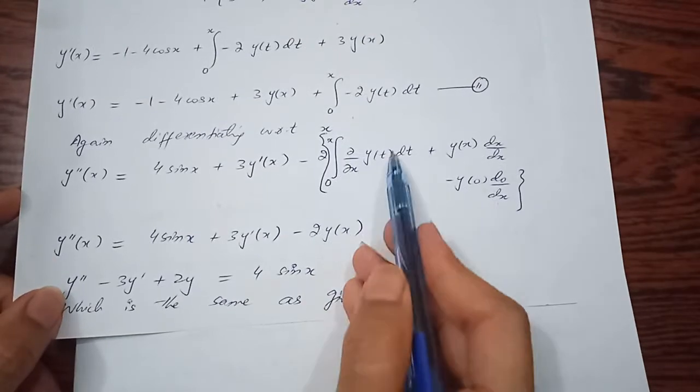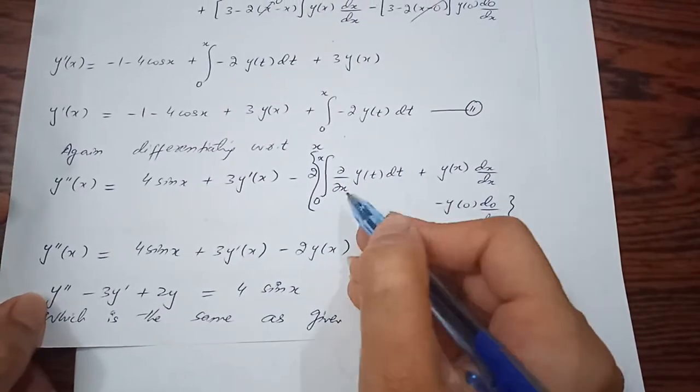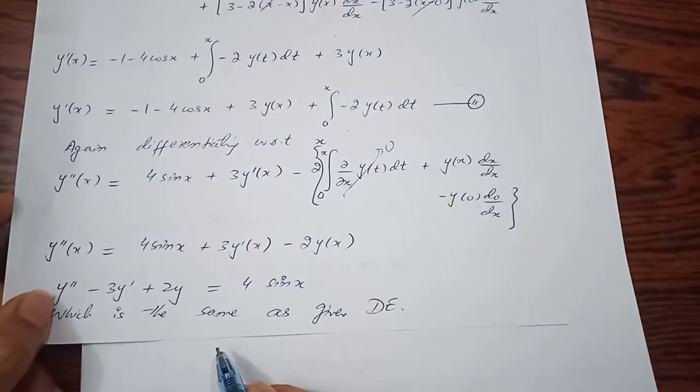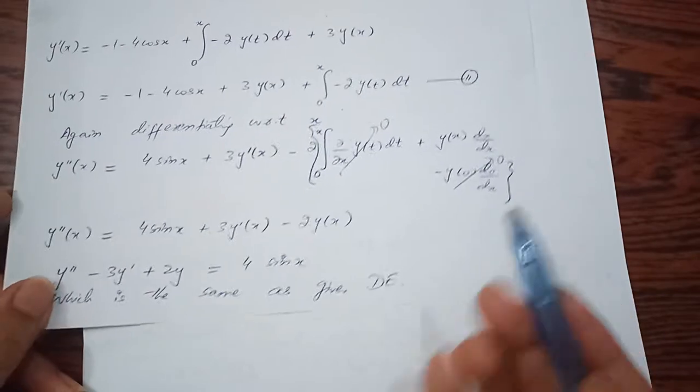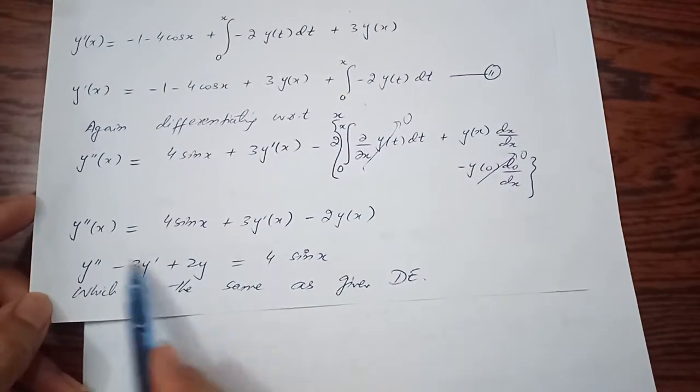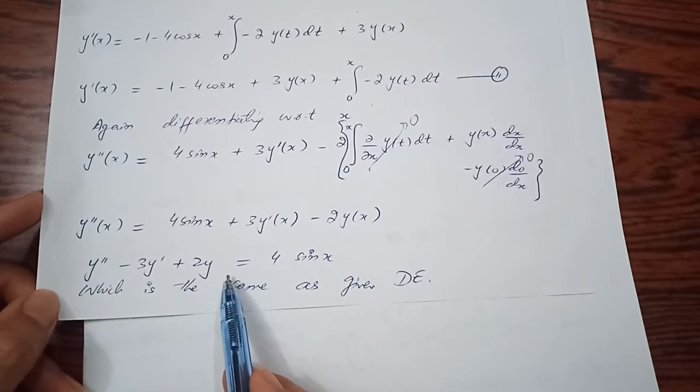Just rearrange. You know that this is not depending on x, so its derivative is 0. So this complete thing goes to 0, and this is also 0, and dx by dx is 1, so you are left with just this. Just rearrange it. This is the same differential equation that was given in your question.